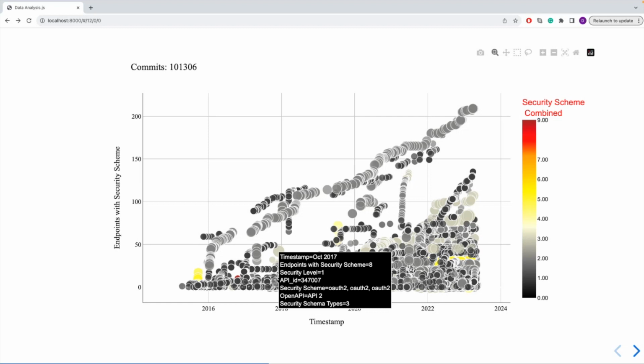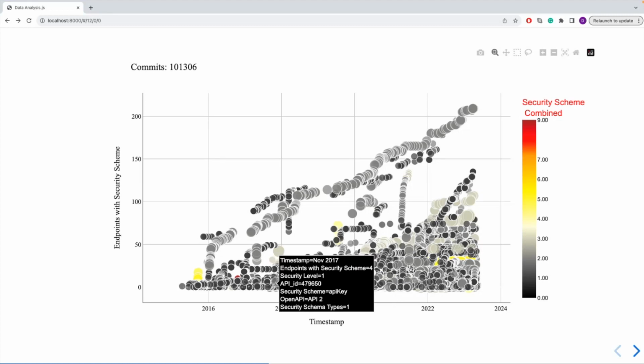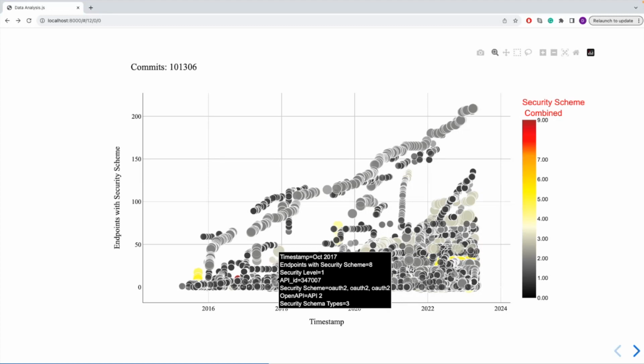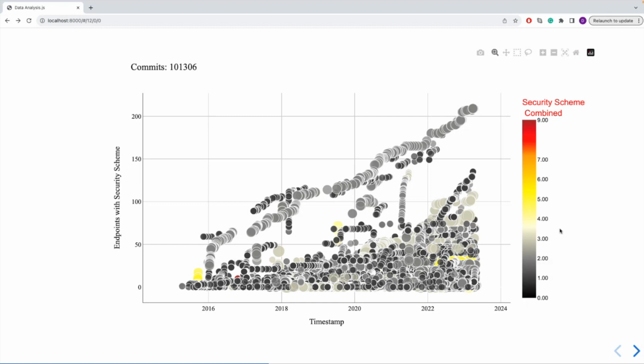I have a parameter called security schema type that counts all the security schemas defined. In this case, OAuth2 is defined 3 times. I also have a parameter called security level. In this case, because we have just one security schema defined, the security level is 1. In this bar, I'm counting all the possible security schemas combined.